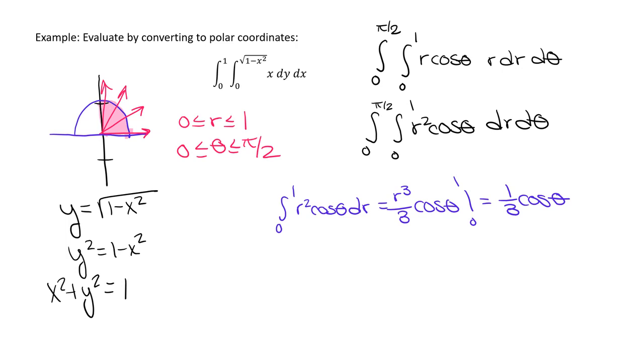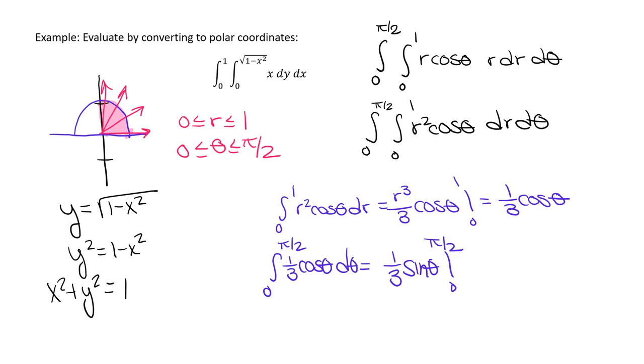Antiderivative of r squared is r to the third over 3. And then we still have the cosine theta. And then I'll plug in my bounds of integration. So I'll plug in the 1, plugging that in for r. Plug in the 0 and subtract them. And I end up getting 1/3 cosine theta minus 0. So 1/3 cosine theta. So that's what my inside integral is.